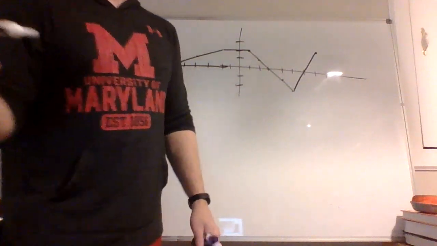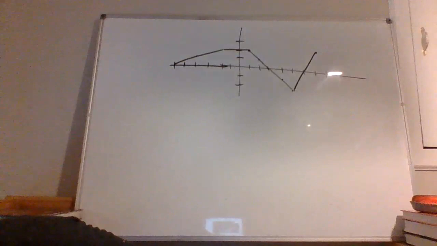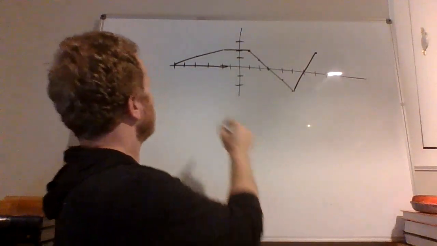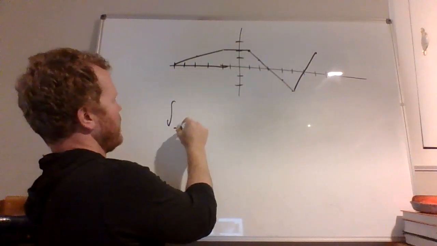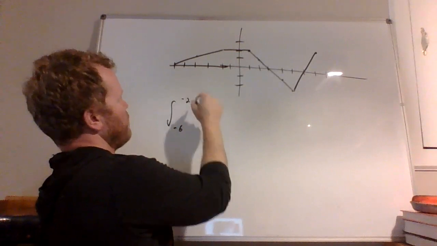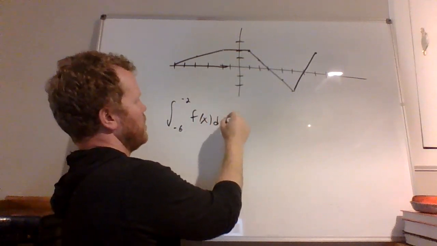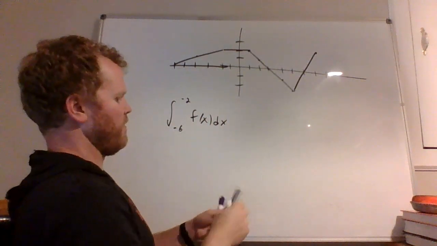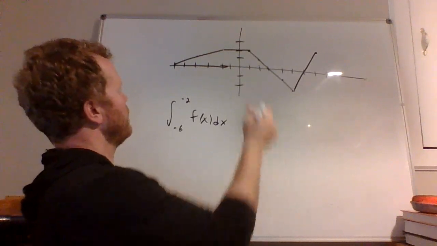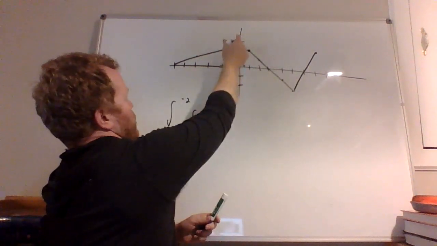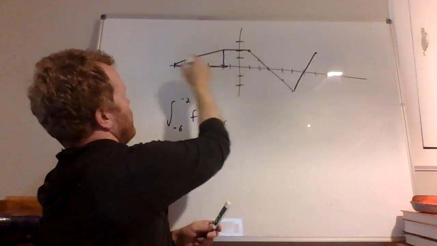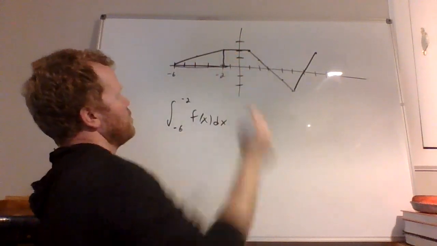So you're asked to find a bunch of different little areas, and the first one is to go from -6 to -2. So I want to find the area under this curve from -6 to -2, aka I want to find the area of this region. Here's -6, here's -2.